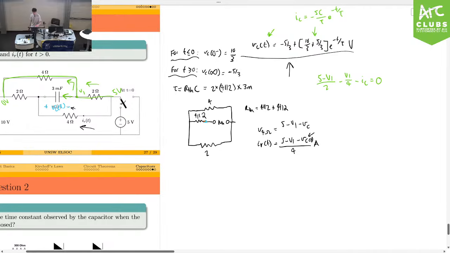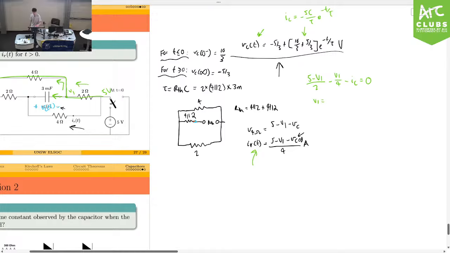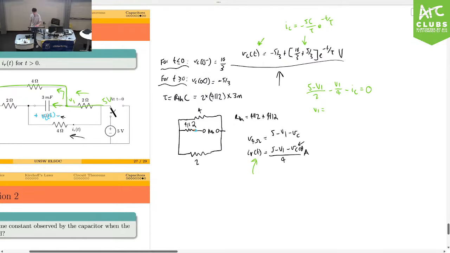Now I have V1 in terms of IC. I know what IC is, and I know what VC is, so I can plug them into this and then I get IR of t. I think I should move on to the next question because it's just number crunching.